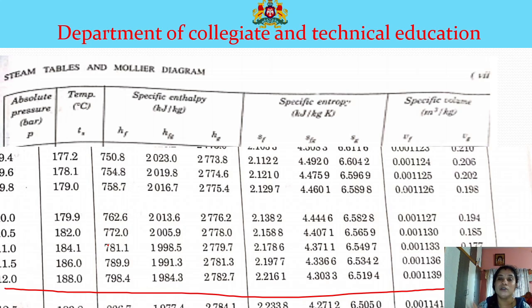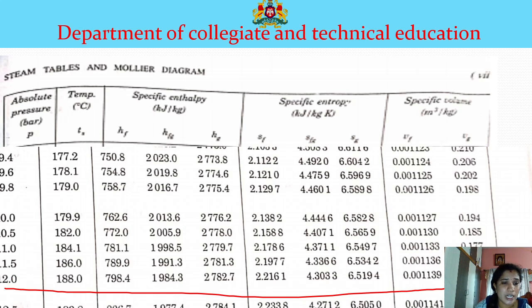You have to take the steam table and find out the values of HF, HFG, everything by using the steam table itself. From the next session, please bring the steam table along with your notes, calculator and pen.